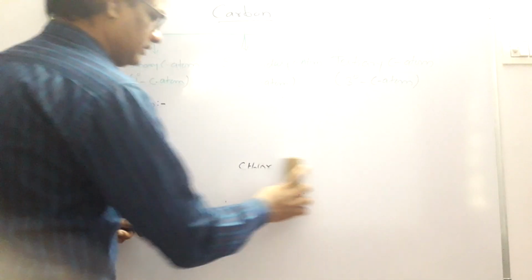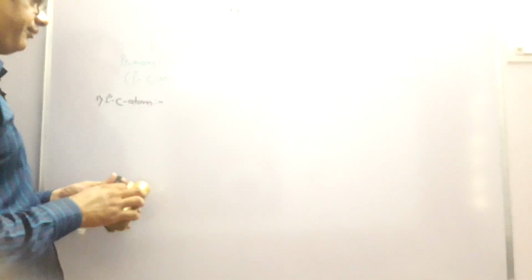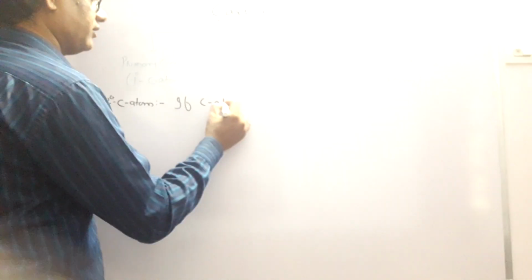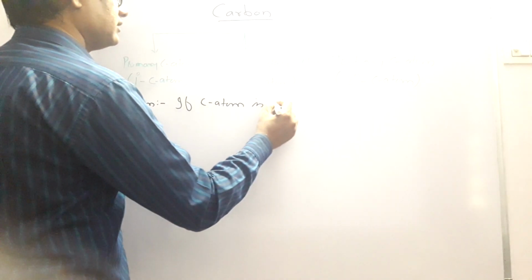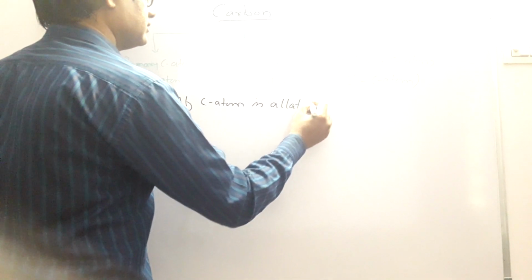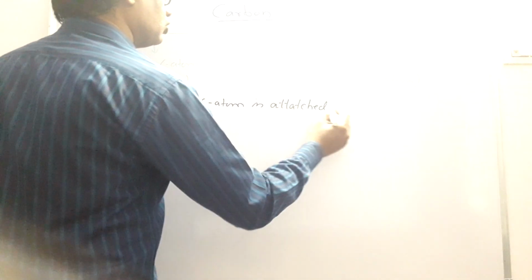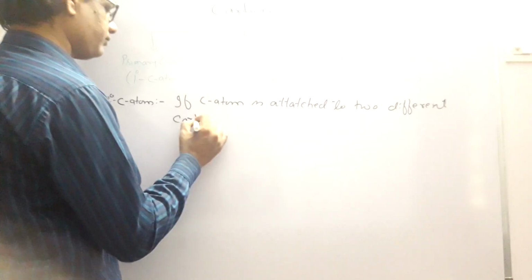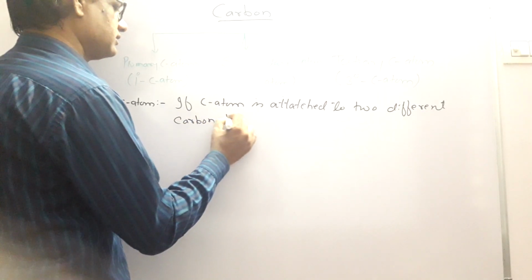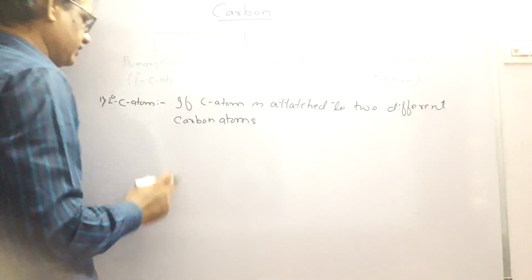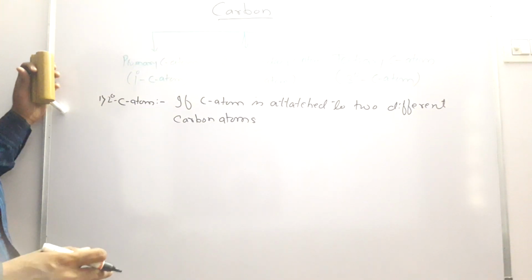We can say that if a carbon atom is attached to 2 different carbon atoms, then this carbon atom will be called a secondary carbon atom.